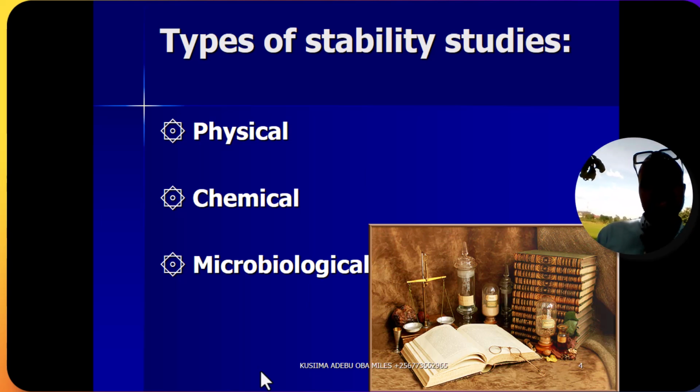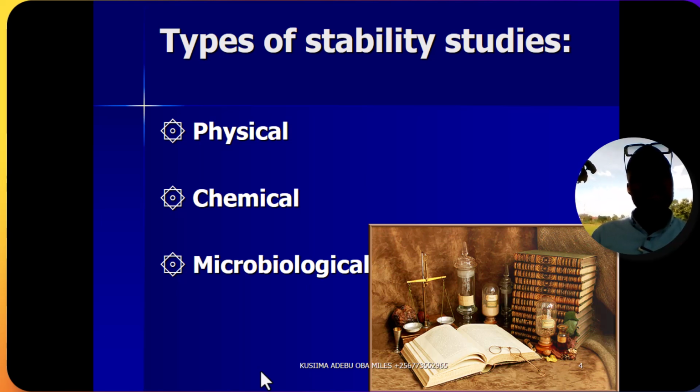Types of stability studies. Physical studies: how do we determine the stability of drugs? By, for example, accelerated stability studies. Stability of drugs, or drug half-life, not half-life but shelf-life. Drug shelf-life is estimated using Arrhenius' equation.